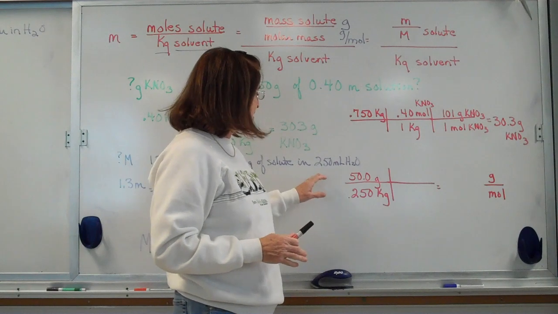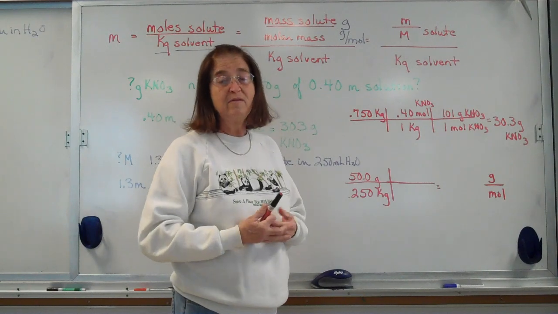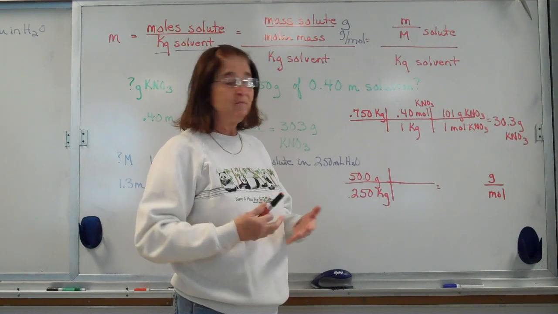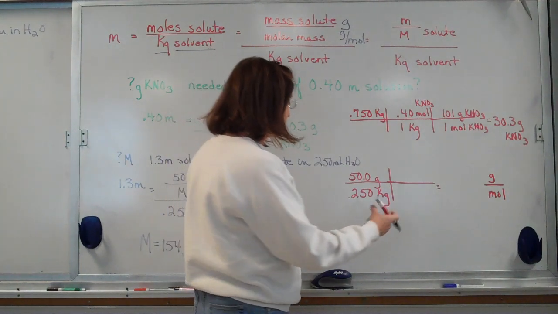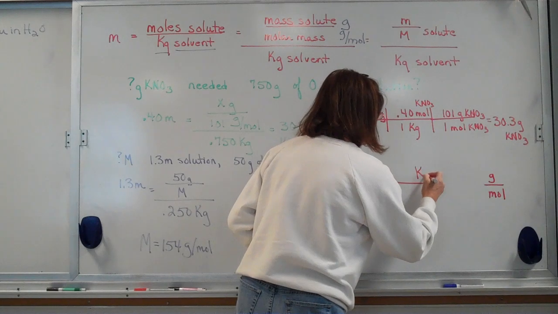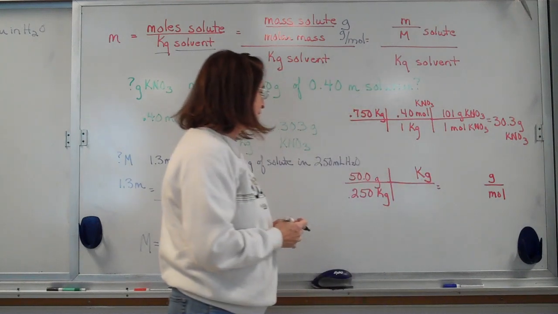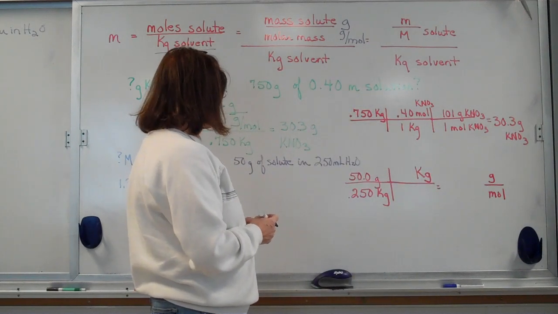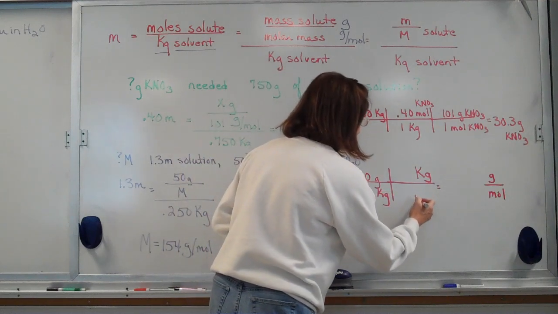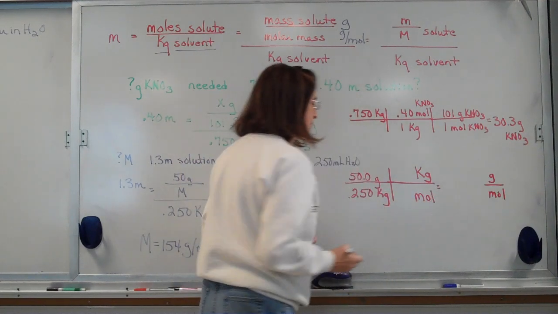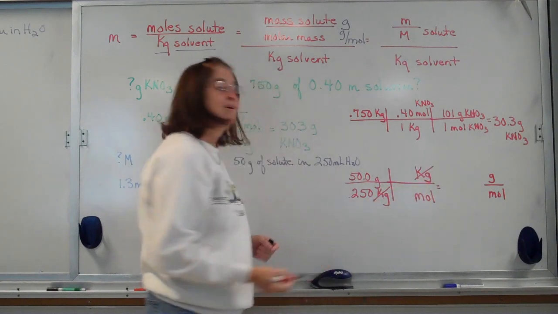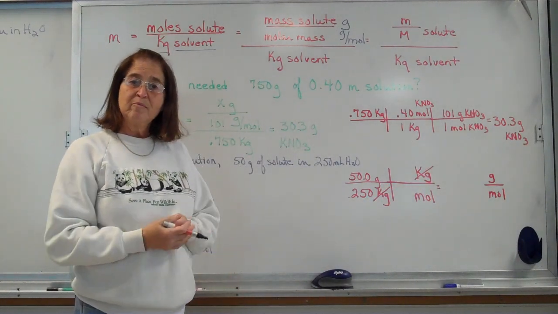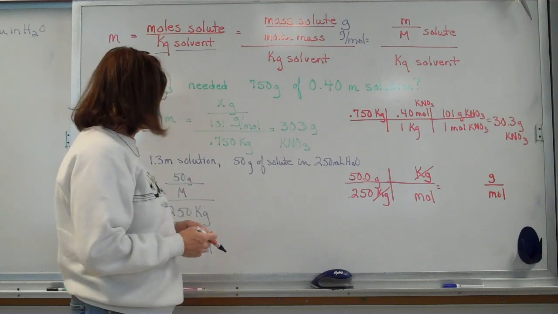All I need to do is get moles of the unknown solute in my denominator. So I want to get rid of kilograms. That's something I know. And I want to go to moles in my denominator, so that by canceling out the kilograms, grams per mole are the units that I'm left with.